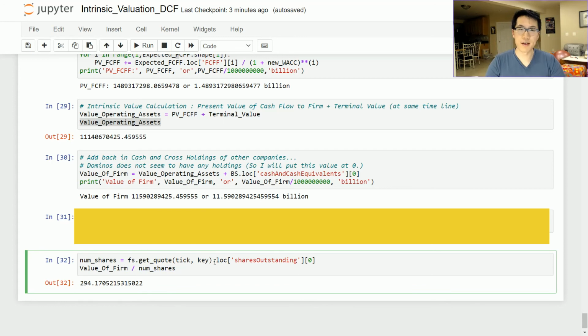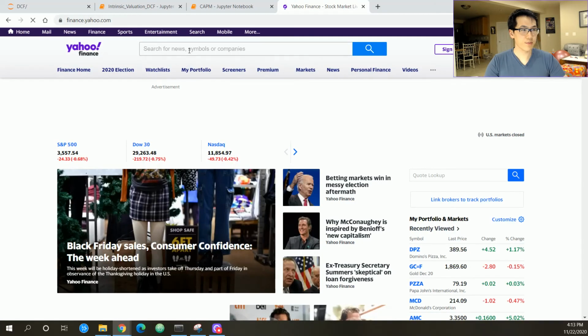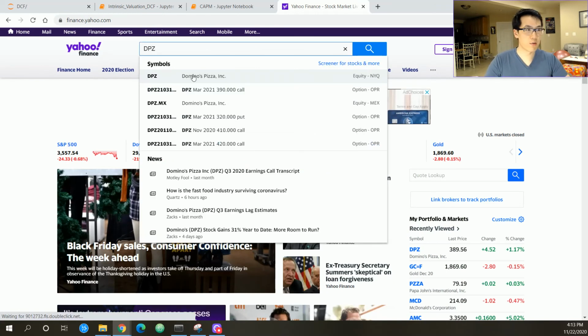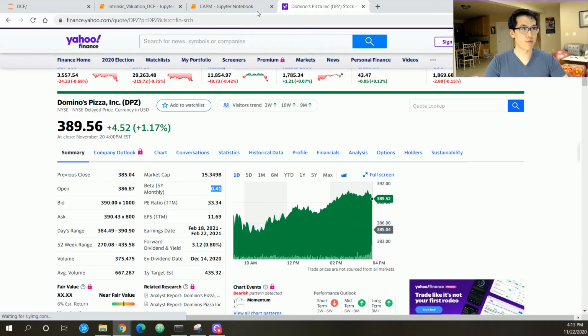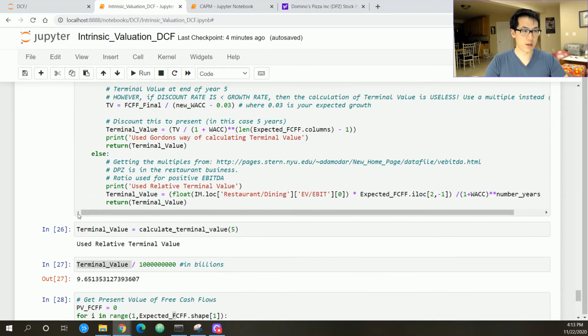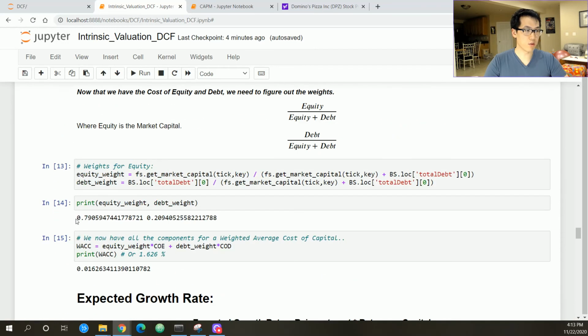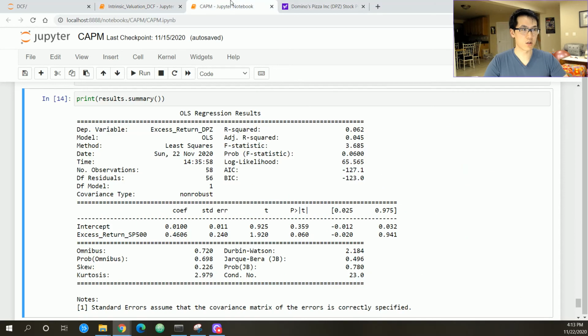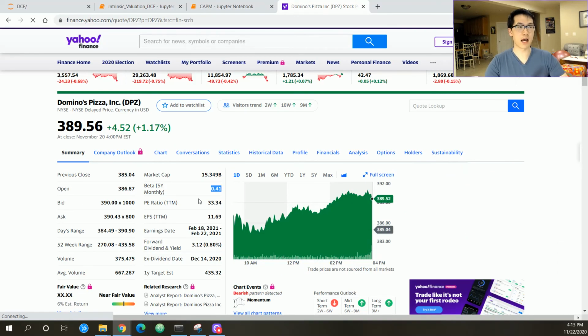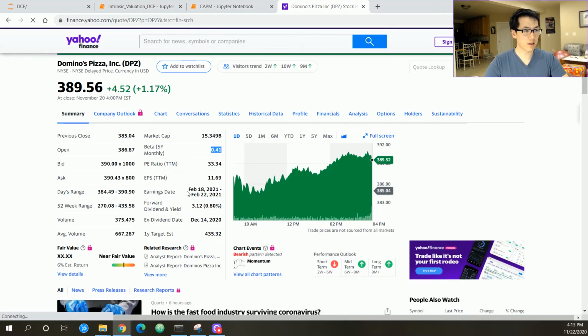Now let's compare this with Yahoo Finance, or the market, what the market thinks of Domino's Pizza. Yahoo Finance, DPZ for Domino's Pizza. Over here, note that on Yahoo Finance we had a beta of 0.41, so our calculation of the beta value was very close at 0.46, but this is how we calculate it, and that's how they calculated it.